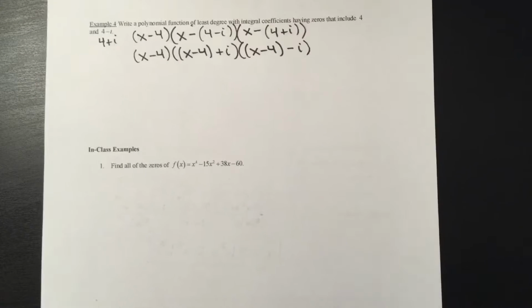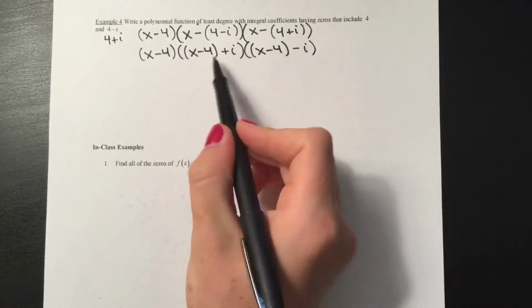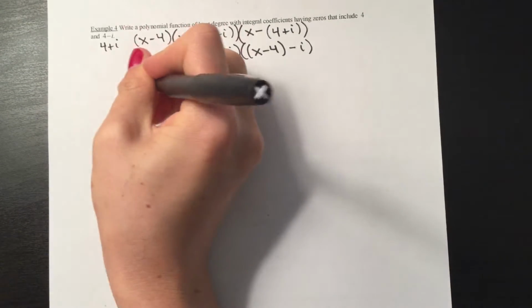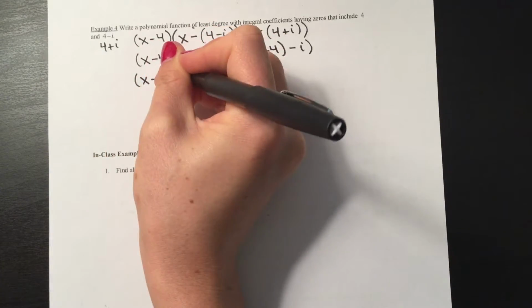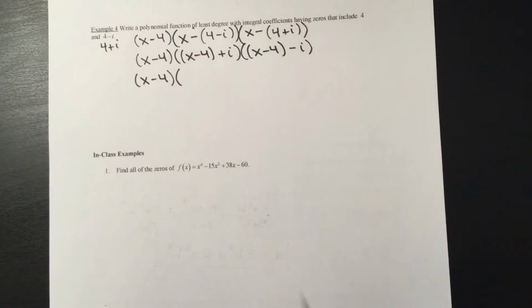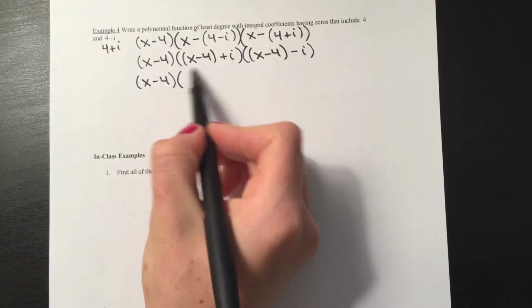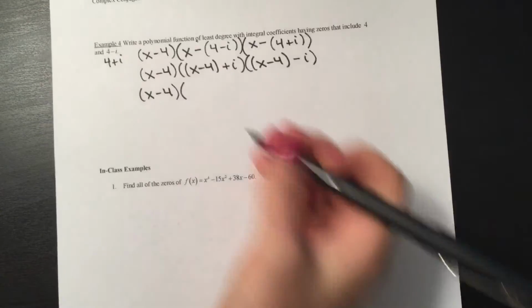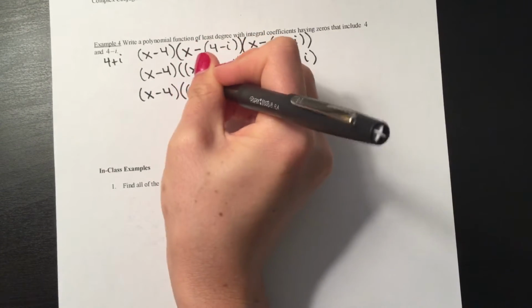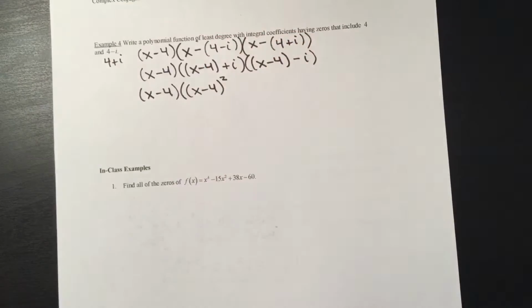Okay, so now we're going to FOIL all this out. Remember when you FOIL 3 terms like this, you pick 2 of them to FOIL together first. So we're going to FOIL these 2 together first, and I'm going to leave this x minus 4 sitting right here. We have the quantity x minus 4 times the quantity x minus 4, so that is (x minus 4) squared.